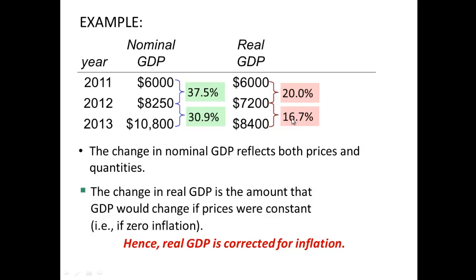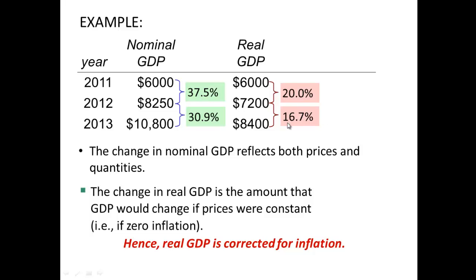Basically, when we use the base year 2011, GDP only actually grew by 20% in the first year, and then an additional 16.7% in the second year. And the difference between 37.5 and 20, or 17.5%, is due to rising prices, not growth. The economy only grew 20%, and that additional 17.5% is inflation.